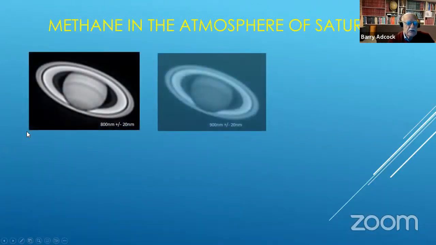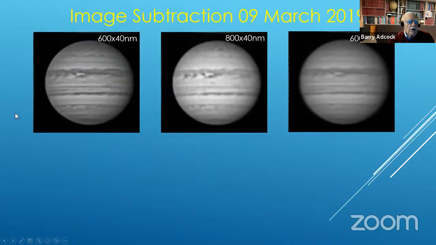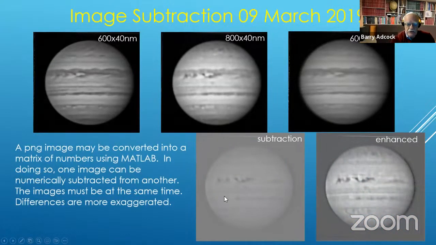And having a closer look at that, the image at 1 micrometer and the methane band are almost identical, whereas at 900, 950, it takes on a more common appearance. I've tried subtracting images, that image at 600 and the other one at 800 nanometers produces a difference shown there. And if you enhance that difference, it shows up the difference between those two wavelengths, wave bands.